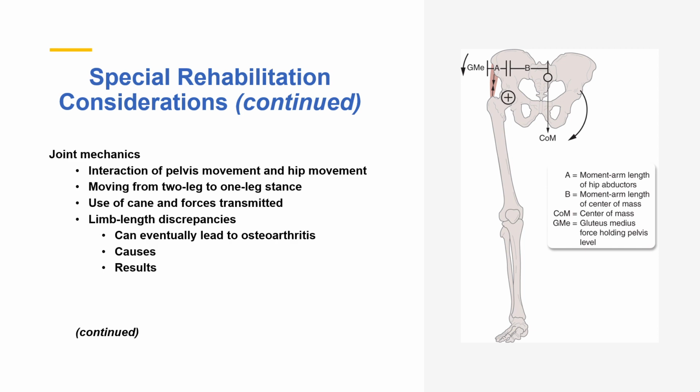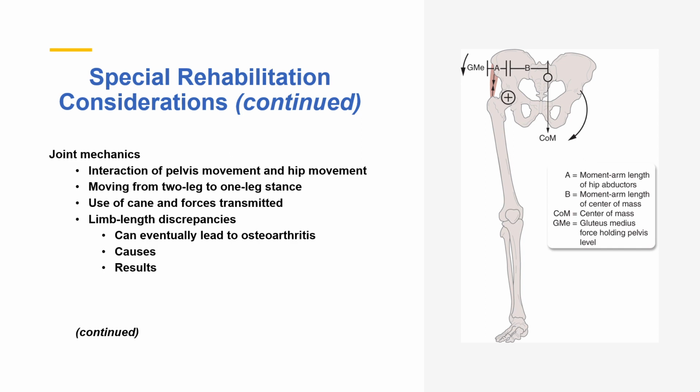Lastly, when we think about joint mechanics, individuals can have leg length discrepancies for a number of different reasons. So, for example, it could be due to coxa vara, a rotated sacrum, or foot pronation. It could be soft tissue pathologies as well, such as hip flexor tightness or abductor tightness and muscle imbalances.